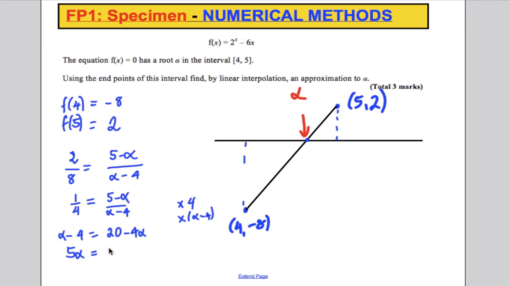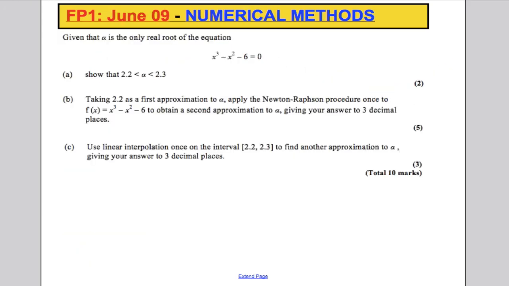So 5 alpha would be 24, and then alpha therefore would be 24 divided by 5. We would get about 4.8 as our approximation. So 4.8 as a decent approximation by linear interpolation. So nice, easy 3 marks there. Next question.